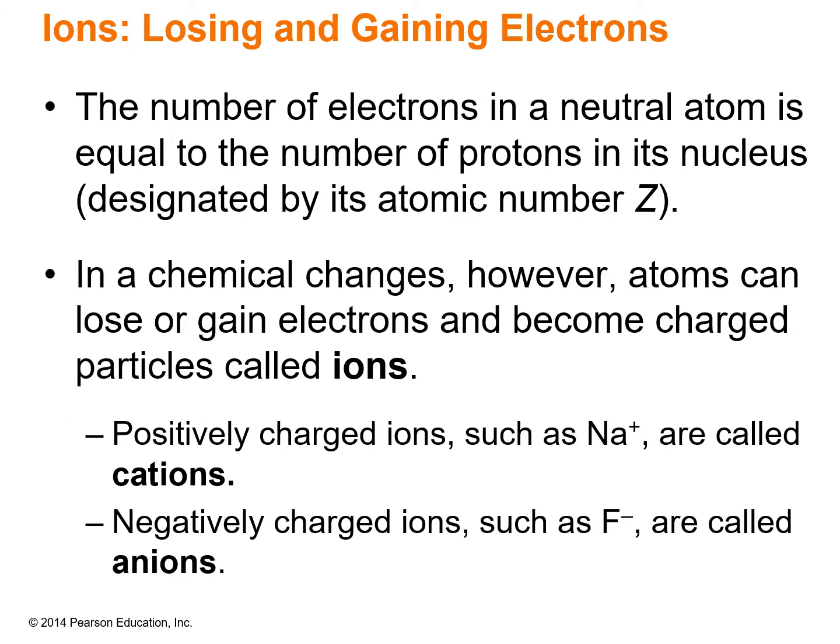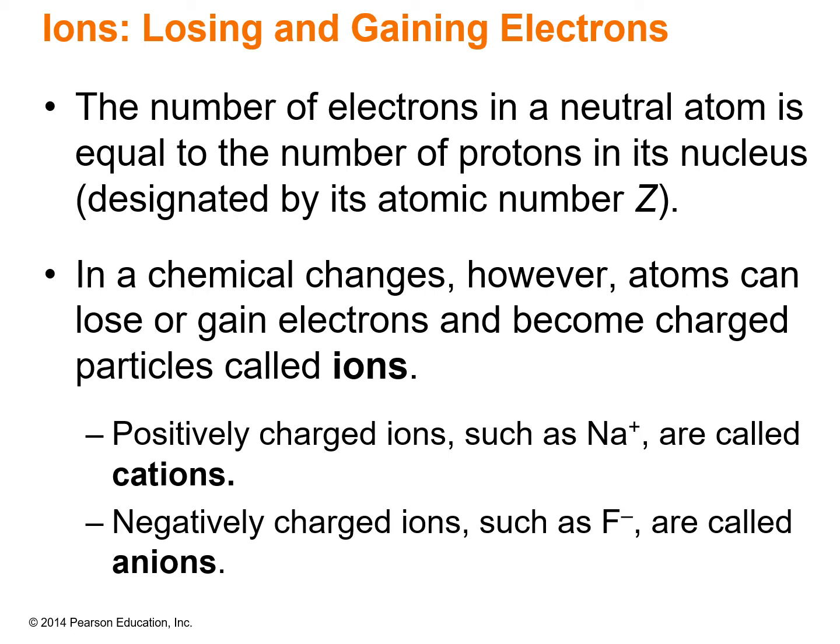You can also look at these dealing with ions. This was something we did not commonly do in Chem 1. But remember, the number of electrons in a neutral atom is equal to the number of protons in its nucleus. So in a neutral atom, that atomic number is equal to protons and electrons.